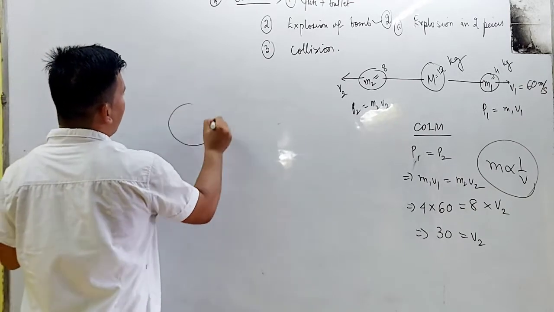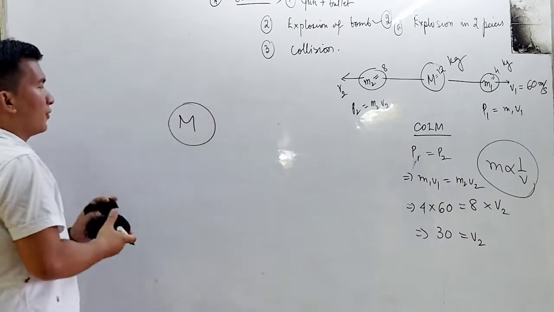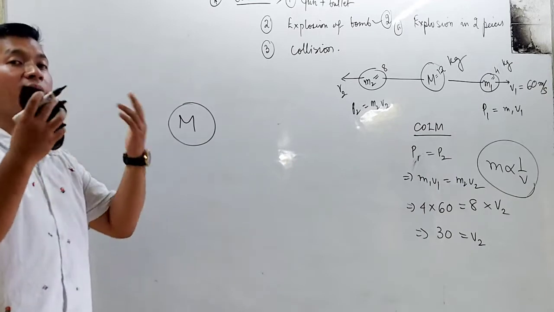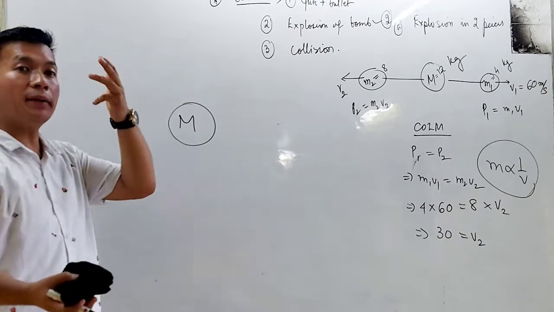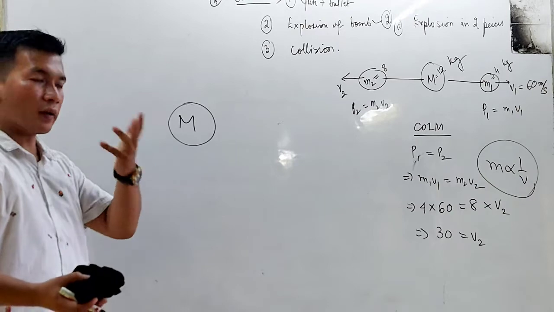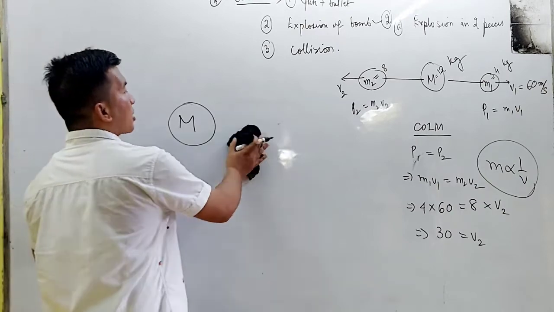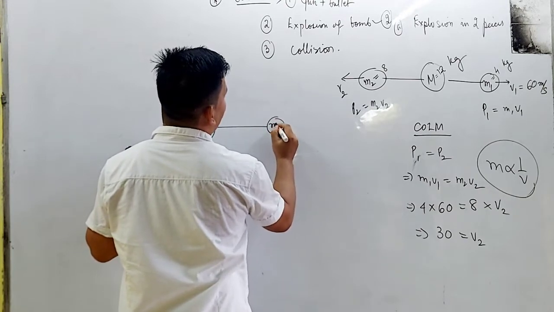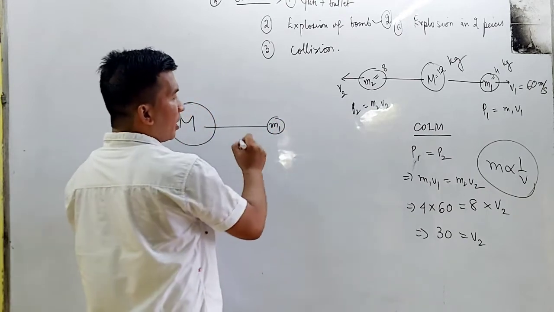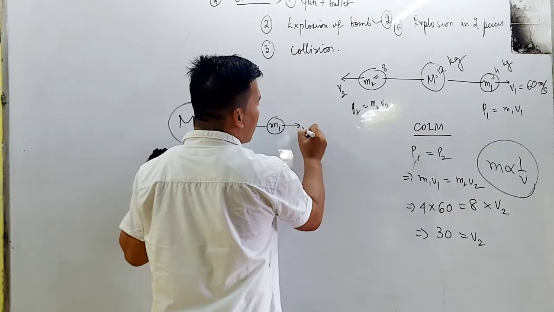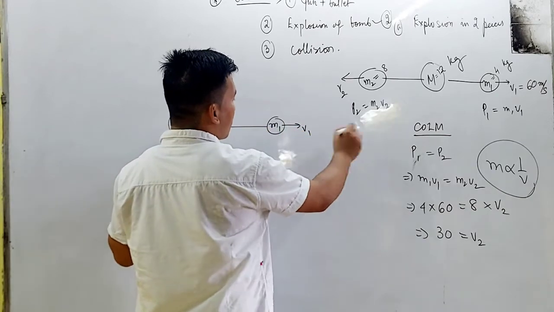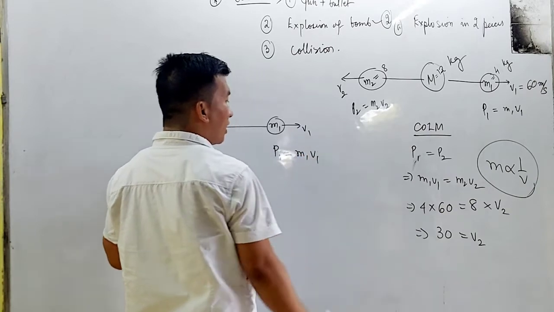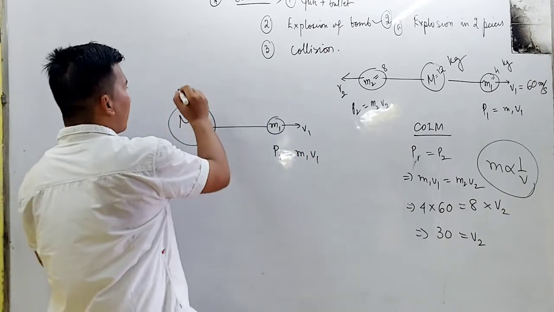Initially the mass is M. We have the initial mass of the bomb as capital M, and it is exploded into 3 pieces. The first fragment is M1 and it is moving with velocity V1 in the positive x-axis, so that its momentum P1 is equal to M1 V1.